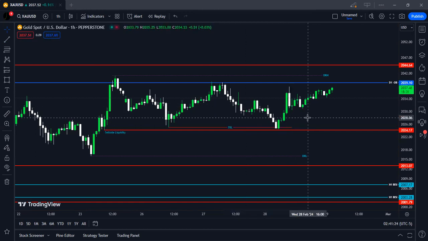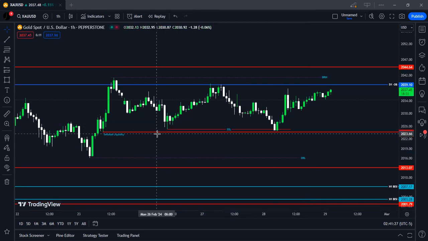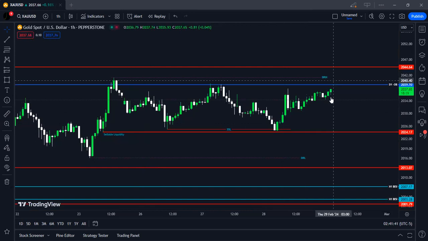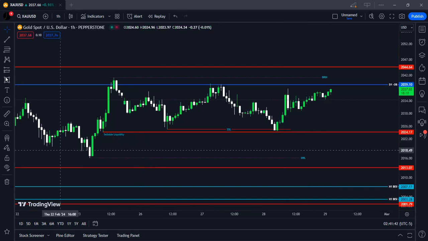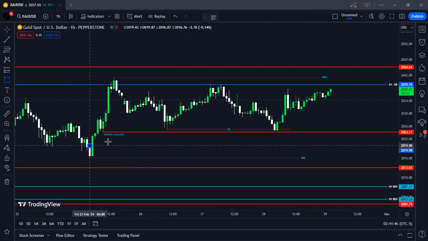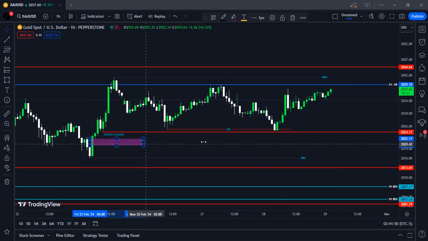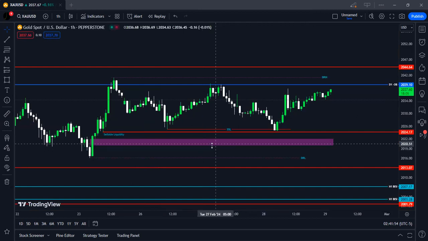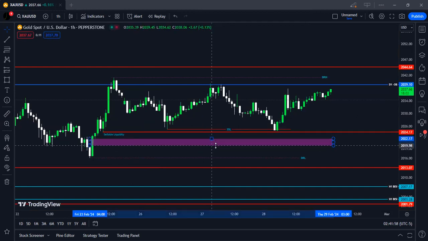But we also have this sell side liquidity, which is also inside this dealing range. But this sweep on Monday's low facilitated the bull run, which is currently running up higher. Okay. But let's mark the discount array in that bullish dealing range. Later, the market will visit these discount levels. But as for now, we are bullish.